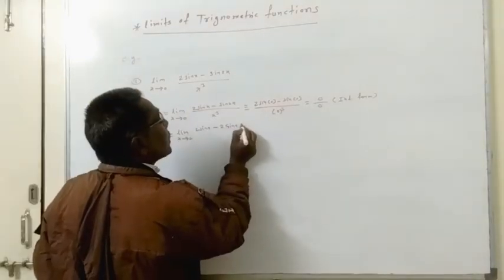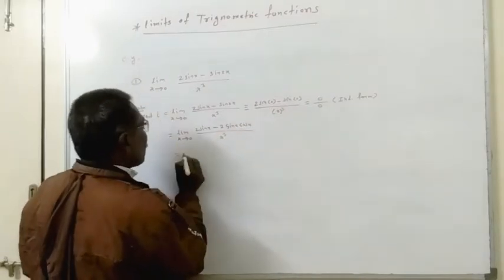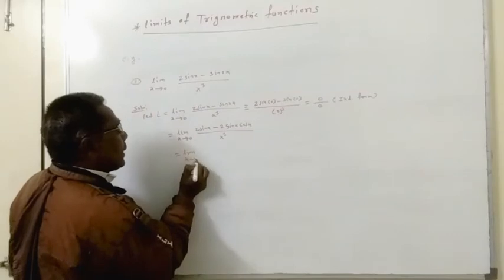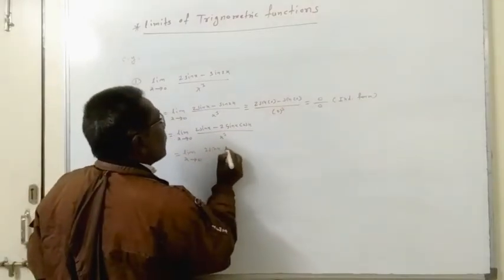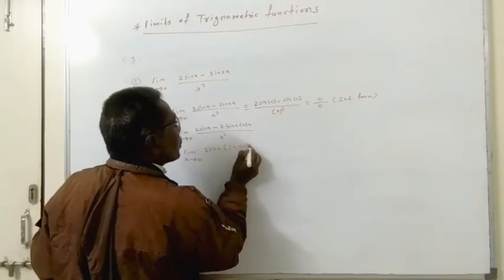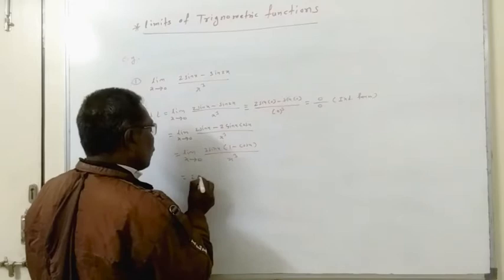2 sin x into cos x divided by x cube. So that is equal to limit x tends to 0. Now 2 sin x we will take common outside, into the bracket 1 minus cos x, divided by x cube. So that is equal to, now the constant 2 we will take outside.